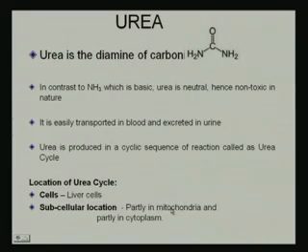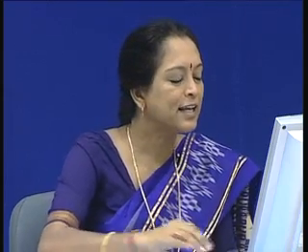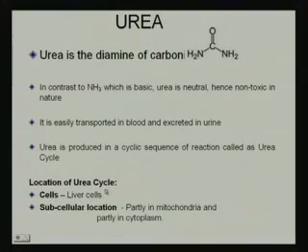So, you just see, in the case of the glycolytic process, we have seen that glycolysis takes place in the cytoplasmic fluid. The TCA cycle takes place in the mitochondria, but this urea cycle takes place partly in the mitochondria and partly in the cytoplasmic fluid. So, this is the particular cycle.